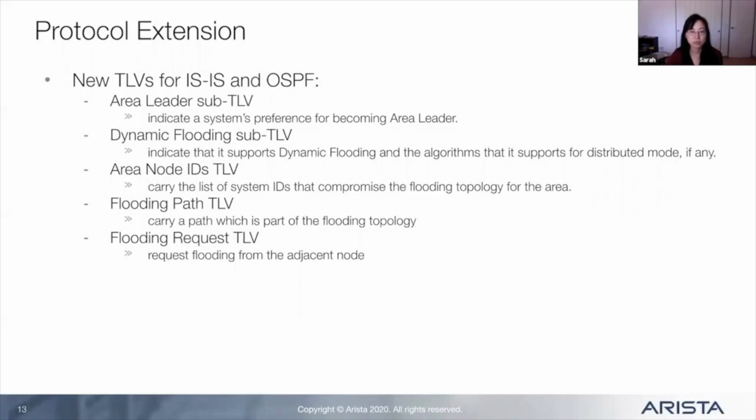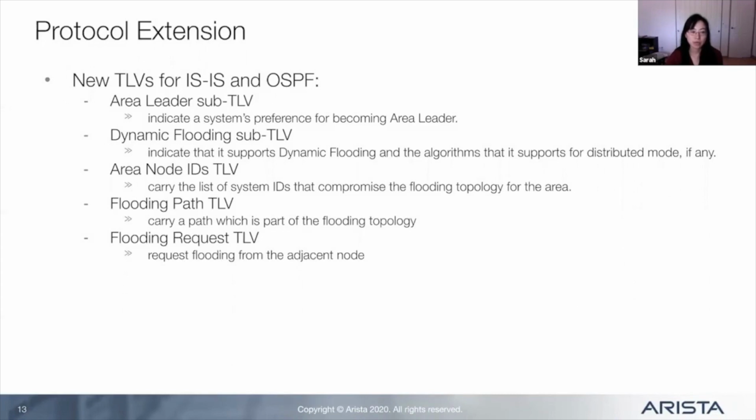This will be used in area leader election. And then we introduce a dynamic flooding sub-TLV. This indicates whether a node supports dynamic flooding or not. This might be useful in the distributed mode, and to specify which algorithms the dynamic flooding supports.